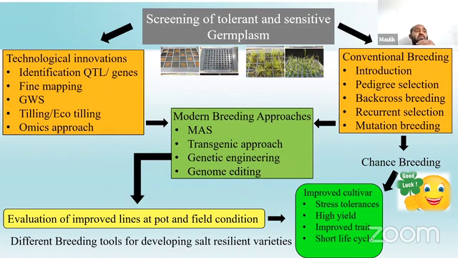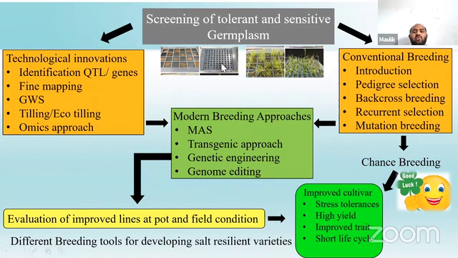Without knowing any genes and metabolites, we can't select any trait which is governed for salt tolerance, because in conventional breeding there is a large environmental effect. So using modern breeding approaches, we can easily and efficiently run the product in the market.